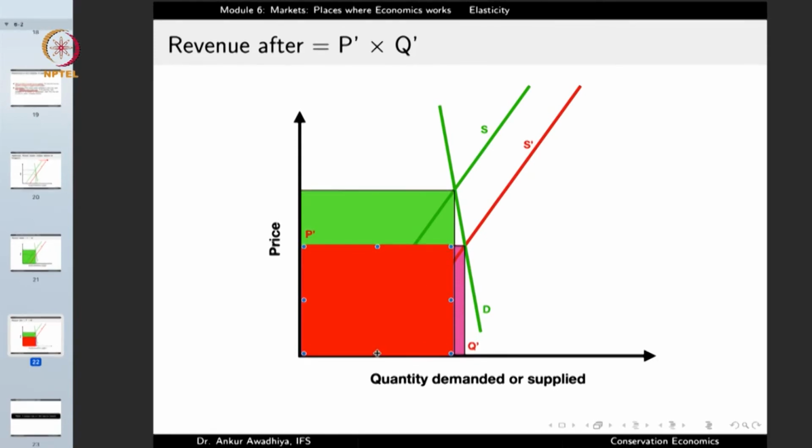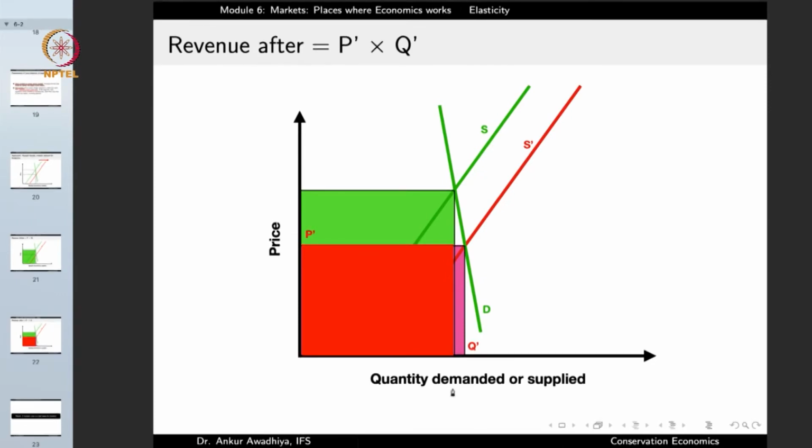Now, earlier, this rectangle was included in the revenue. Now, in the new circumstances, this rectangle is removed and this rectangle is added. Now, as is very evident from this curve, this area in green color is larger than this area in pink color.